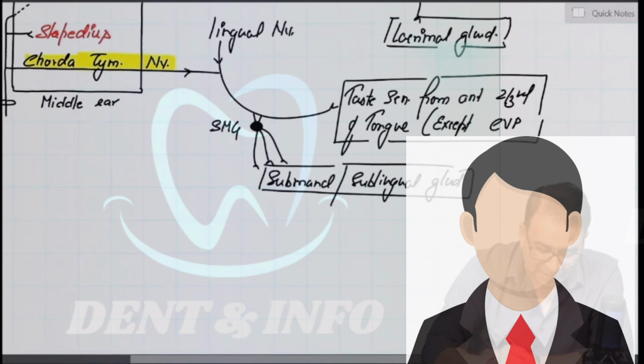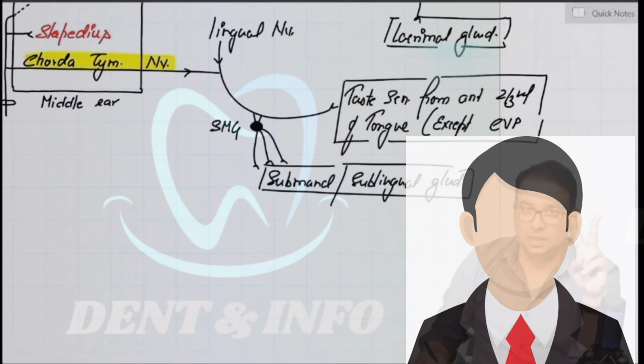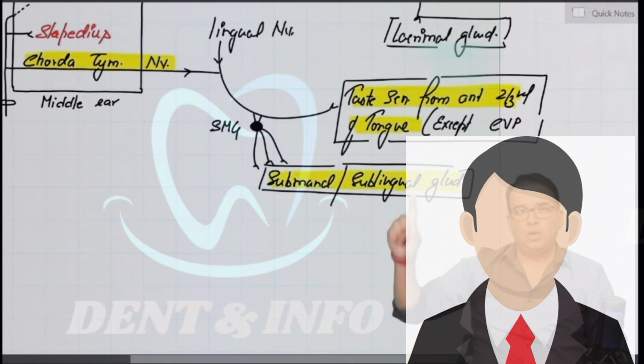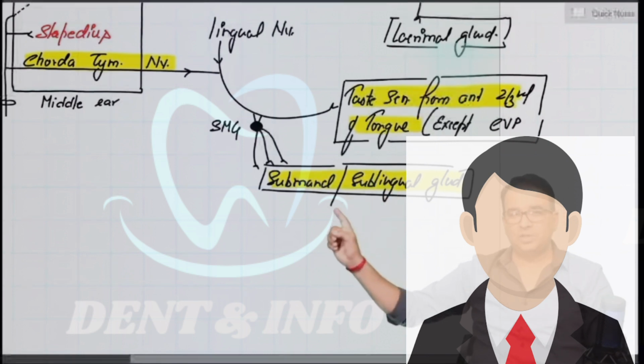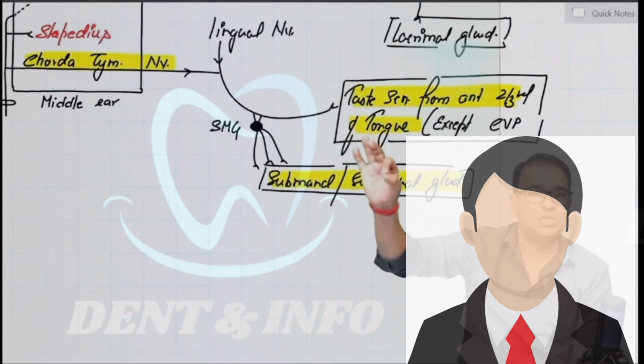Chorda tympani nerve ने basically lingual का use किया है. Chorda tympani nerve has used the lingual nerve for two things. One, chorda tympani nerve will take the taste sensation from anterior 2/3 of tongue except circumvallate papillae. And two, it is also going to supply what gland? Submandibular and sublingual gland. Both these functions are the functions of chorda tympani nerve, that is facial nerve, but it is done with the help of which nerve?